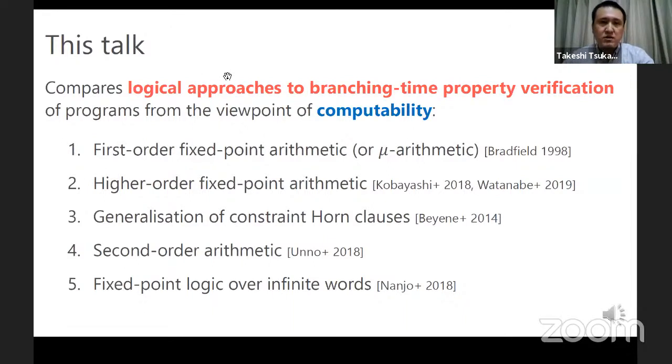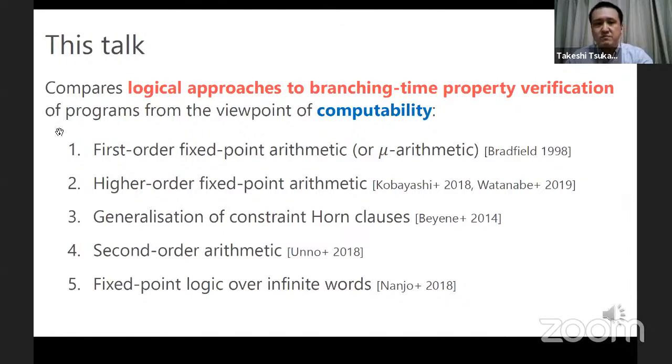This talk is about program verification, and in particular, so-called branching time property verification of programs. Many logical approaches have been proposed to solve this problem. Here, logical approaches means the reduction of the verification problem to some logical problem, such as the validity problem or satisfiability problem, and so on.